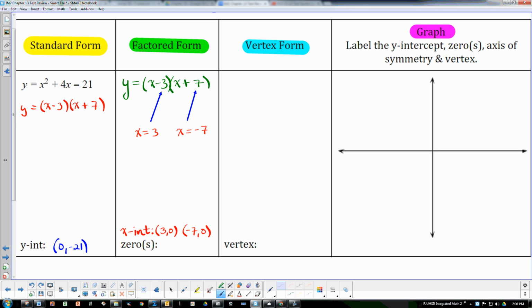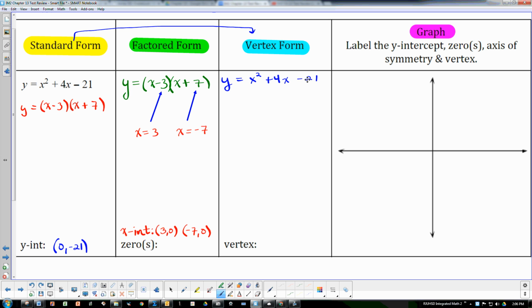Vertex form. Well, in order to provide the vertex form, I have to start in standard form, and then what I have to do is complete the square. So I'm going to rewrite standard form. And I do notice, so just pay attention here, look at this negative 21. This is not a perfect square. And I need this entire trinomial to be a perfect square trinomial because that's what completing the square really means.